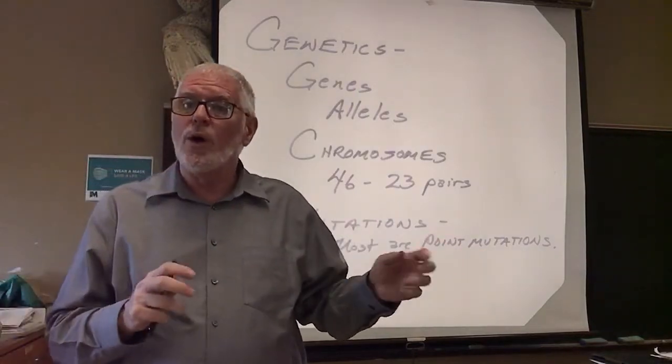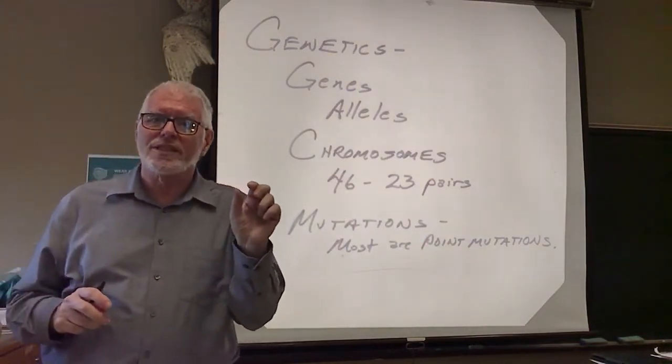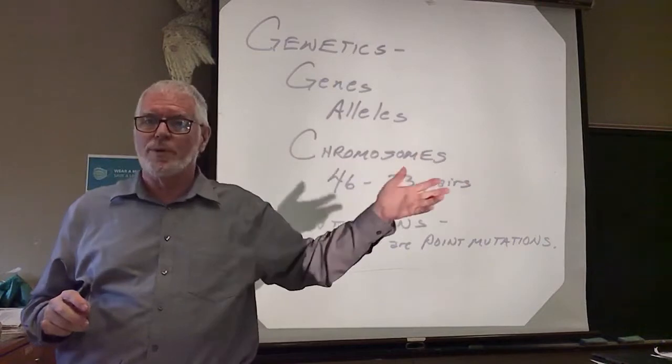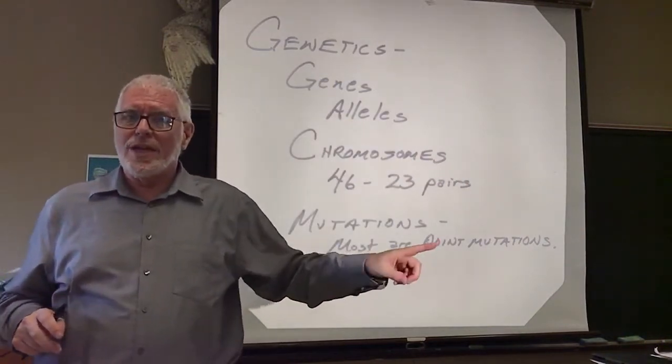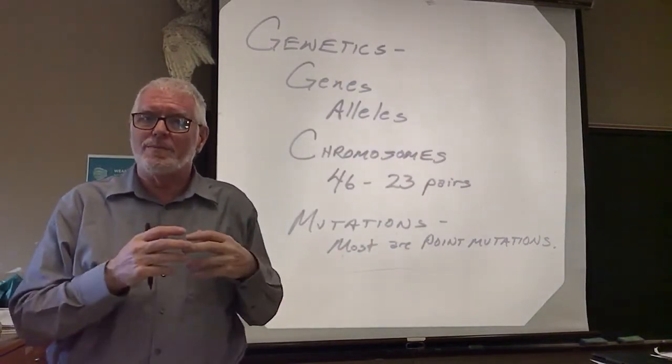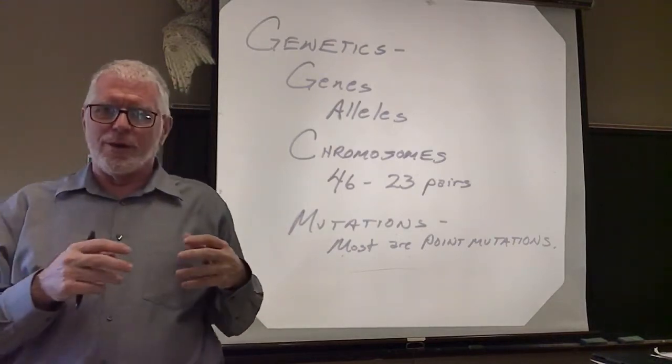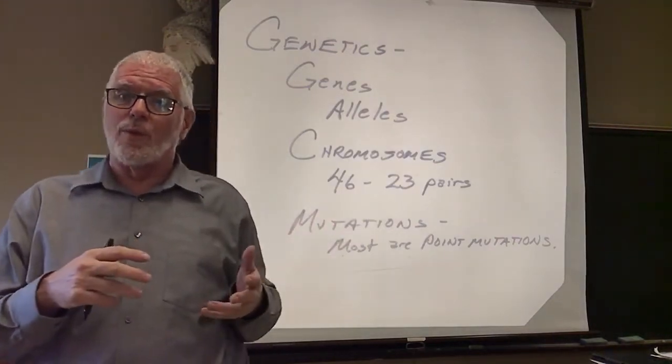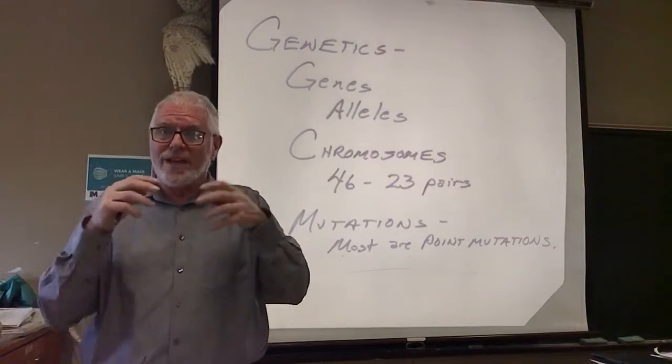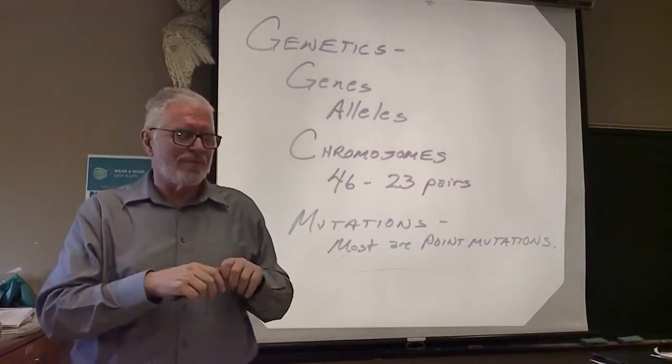It's a 3-to-1 code. 3 bits is translated into 1 amino acid in the protein. Now, you can get a mutation where one of the bits is miscopied. It either is substituted for another one, or it's left out, or an additional one is stuck in between.